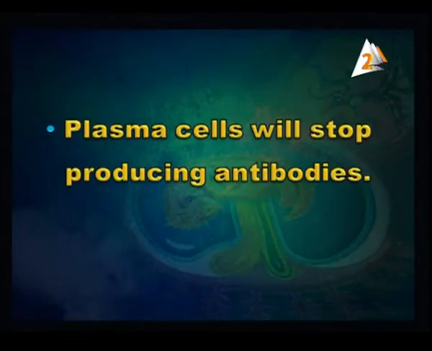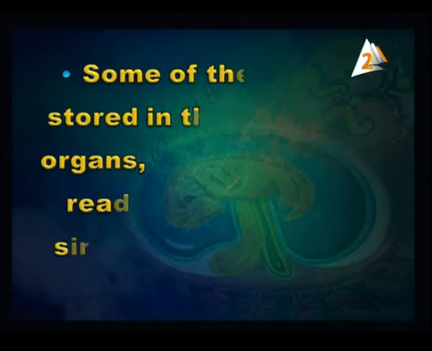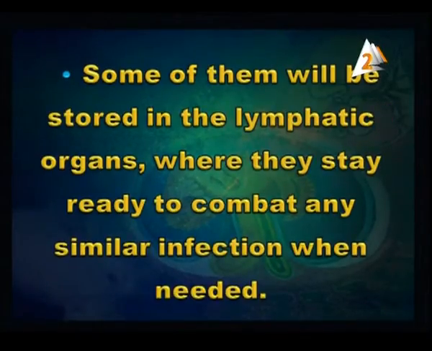Therefore, plasma cells will stop producing antibodies. Many of the T helper cells and activated T cytotoxic cells will die. Some of them will be stored in the lymphatic organs, where they stay ready to combat any similar infection when needed.